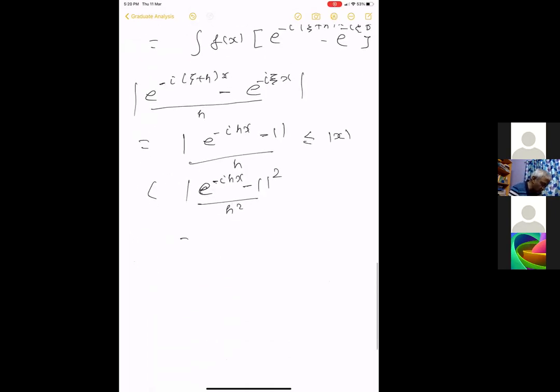This is equal to the real part, cos hx, minus 1 times 2, that is, 2 cos hx minus 2, divided by h square.